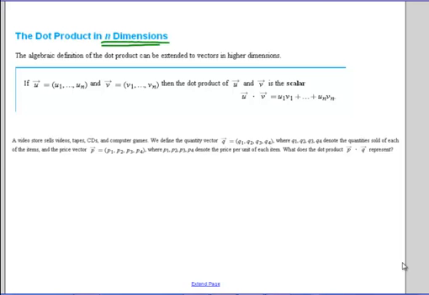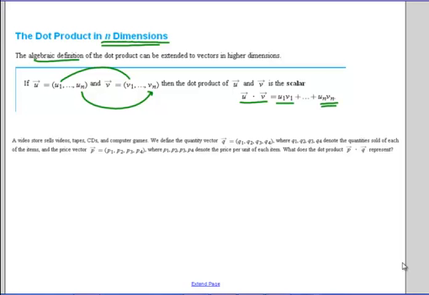And if we're talking about n dimensions, we can use the algebraic definition, which says to dot u and v together, all we need to do is multiply the corresponding components of u and v. So we'd get u1 v1 plus u2 v2 plus dot dot dot all the way to un vn.